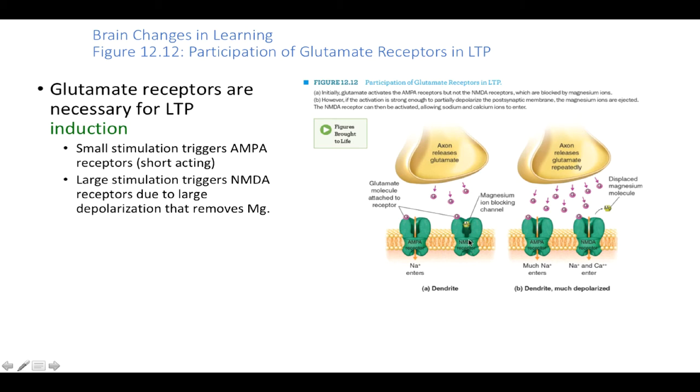It's not active in the normal everyday activities, but a very strong depolarization where tons of glutamate comes in will dislodge that magnesium molecule, opening up the NMDA receptor, allowing glutamate to bind. Sodium ions enter, but so do calcium ions. And that calcium that comes in activates these secondary messengers that then travel to the nucleus and tell the nucleus to make long-lasting changes.